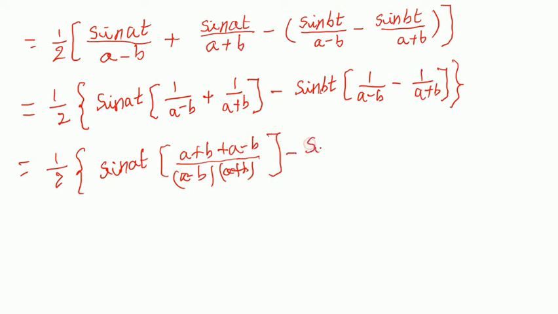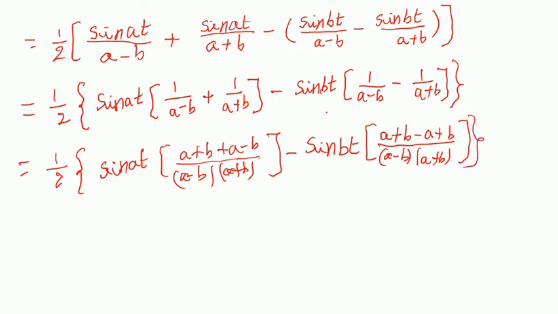minus sine bt into, what is the LCM here? a minus b into a plus b, right? So the numerator is a plus b minus a plus b.